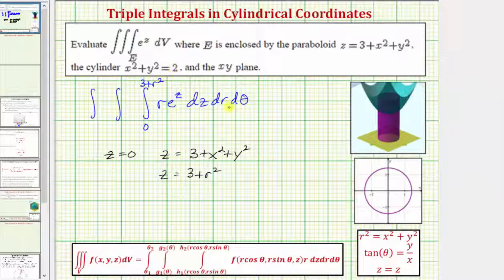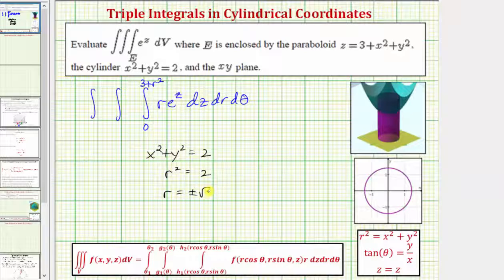And now to help us find the limits of integration for r and theta, we'll take a look at the xy trace. The xy trace is going to be the circle here, given by the equation x squared plus y squared equals 2, which in polar or cylindrical form would be the equation r squared equals 2, or r equals plus or minus the square root of 2.